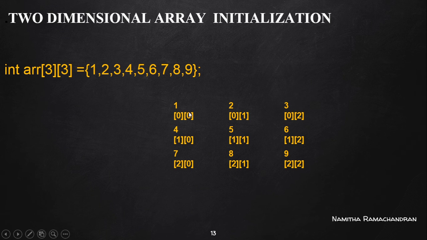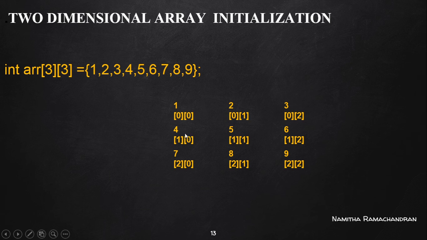So this 1 is present at location 0, 0. Index location 0, 0 means 0th row with 0th column location. This is that particular location. Here we can store value 1. And 2 is present in 0th row, first column position. And this 3 is present in 0th row, second column position. So the 3 elements of our first row are completed.